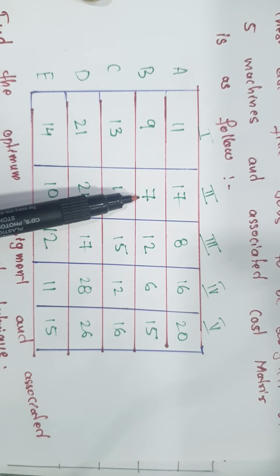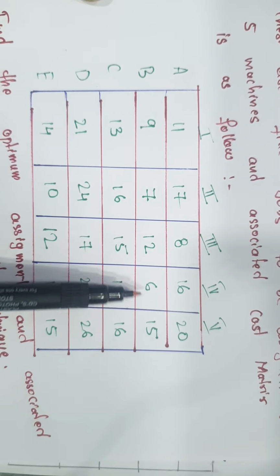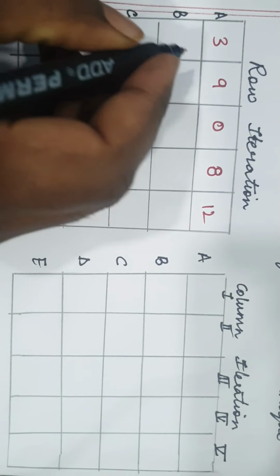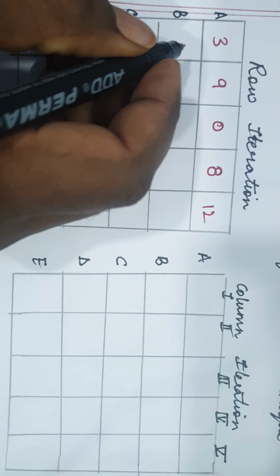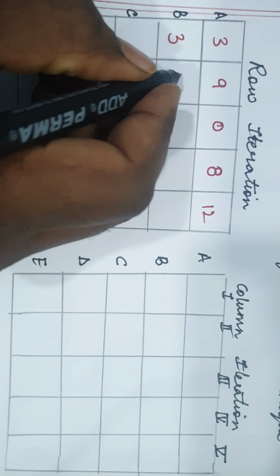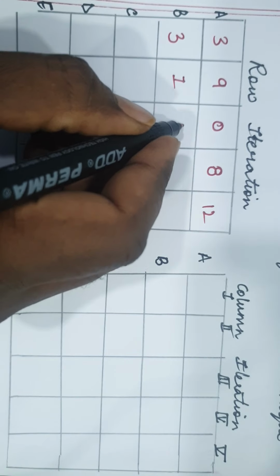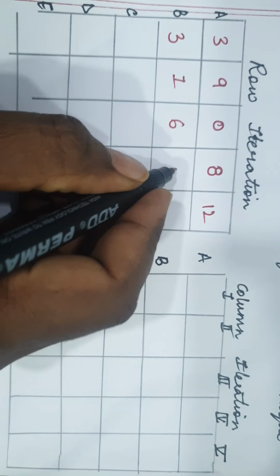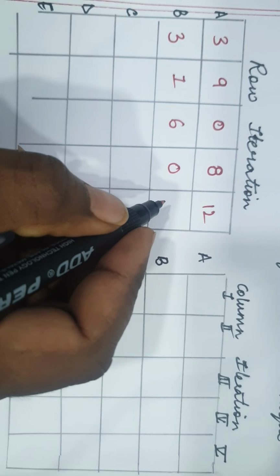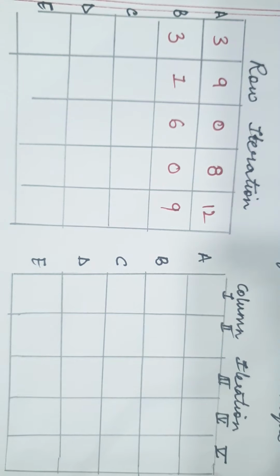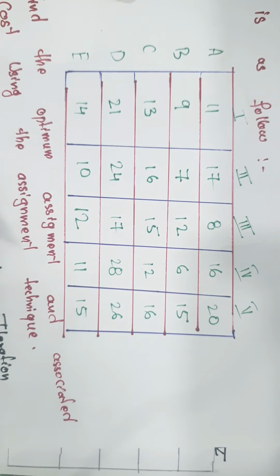So 9 minus 6, 7 minus 6, 12 minus 6, 6 minus 6 and 15 minus 6. 9 minus 6 is 3. 7 minus 6 is 1. 12 minus 6 is 6. 6 minus 6 is 0. 15 minus 6 is 9. So here you got row 2; first you got row 1, next row 2. After that you have to see row 3.